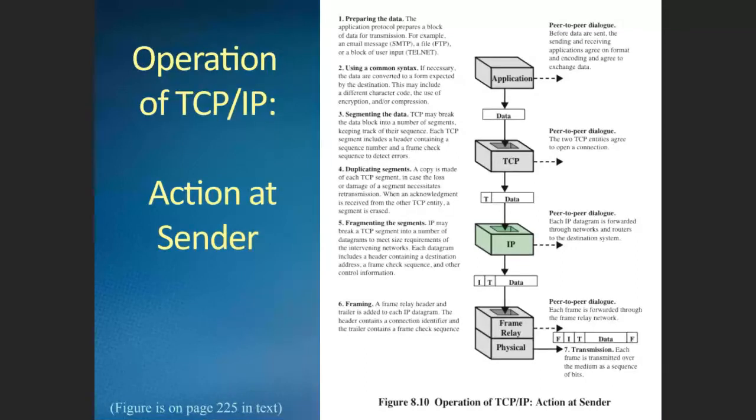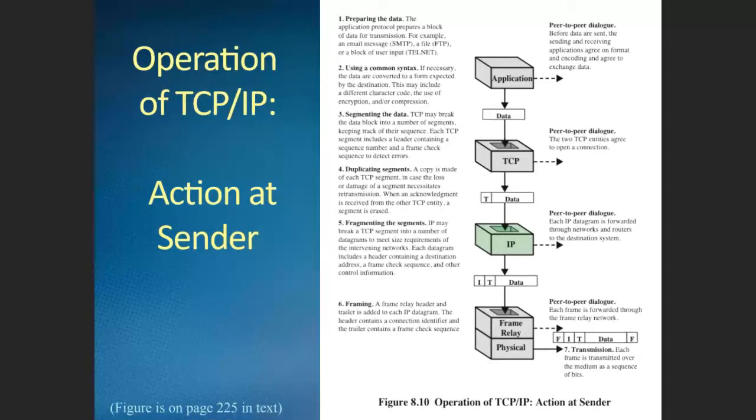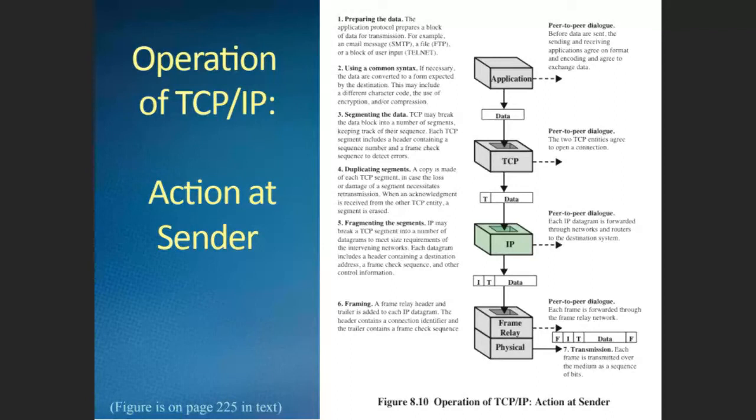This is how your TCP/IP works, okay? So here we said that it goes from up to down. It will start at the application. You are using your application. The application will produce data. The data will go to the TCP layer.